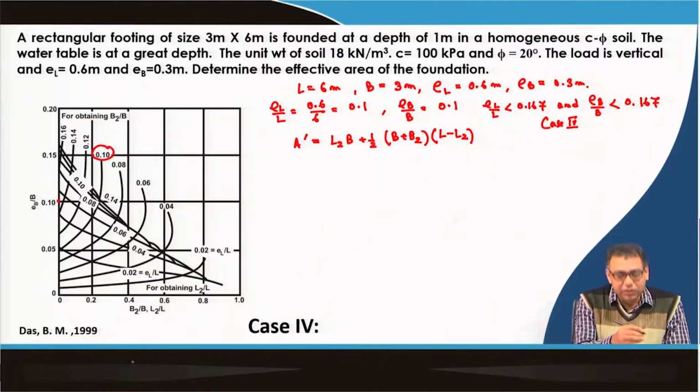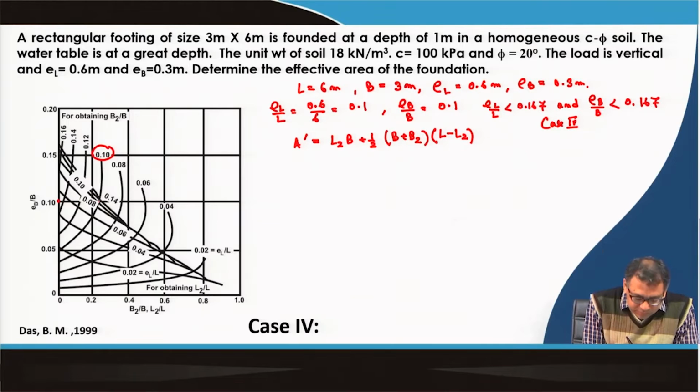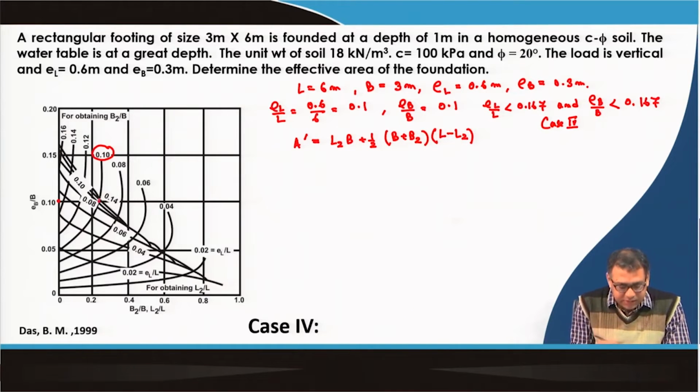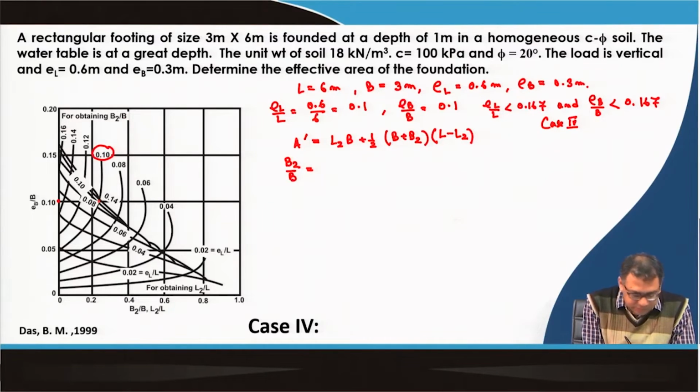And if I use the upward curves, this is the value which will give me the B2 by B. So, this value is roughly 0.24. So, this is the curve that we have to use to calculate the B2 by B.